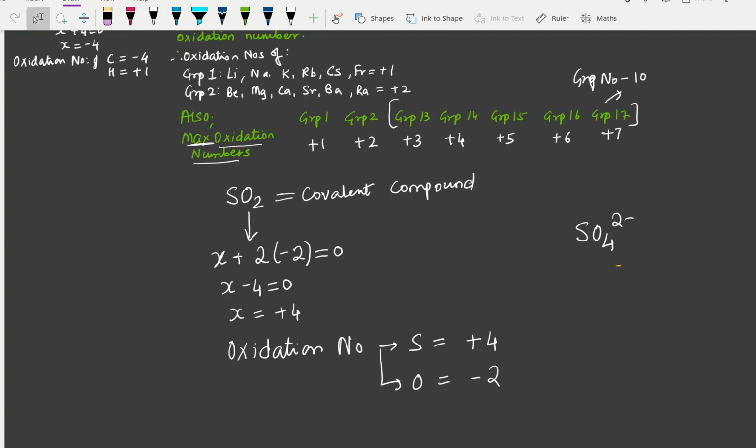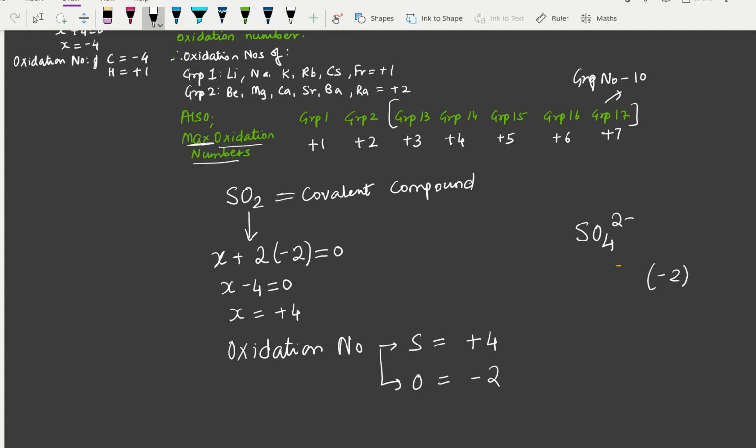Again, I'm going to talk about the sulfur and the oxygen. Which one is more electronegative? Well, I find that oxygen again is more electronegative. So again, I'm going to assign its normal valency to it, and therefore I am going to write -2 for oxygen, and over here it is O4.